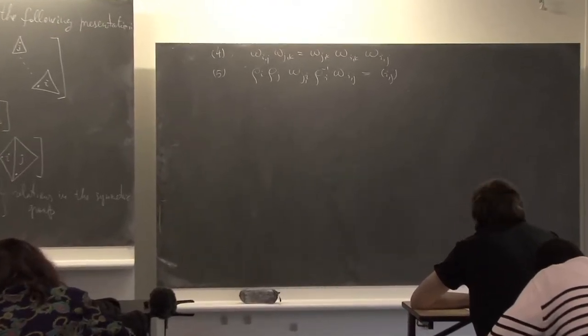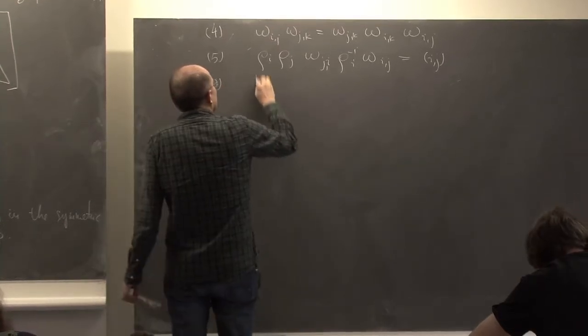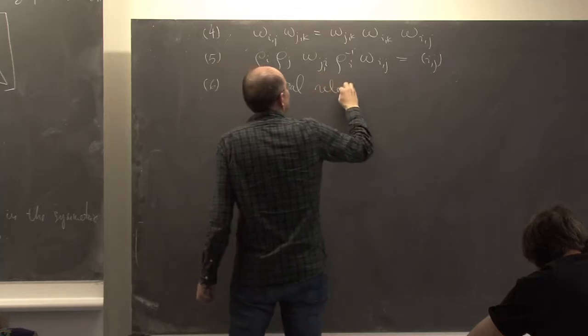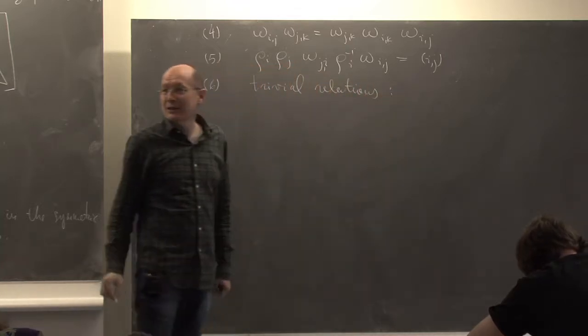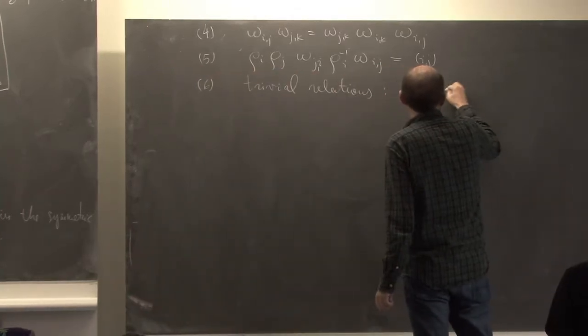And the sixth type, they are put together under the name of trivial relations. Trivial relations include, for example, rho i commutes with rho j.